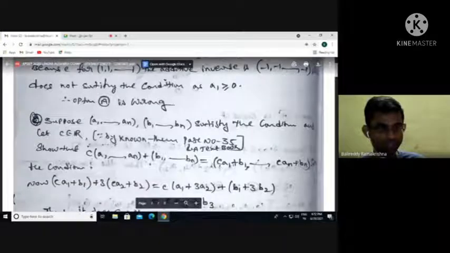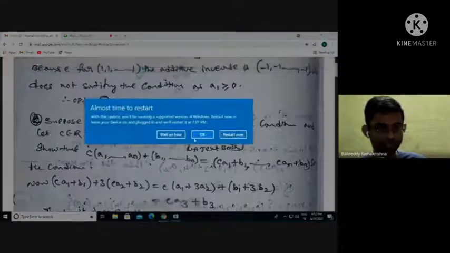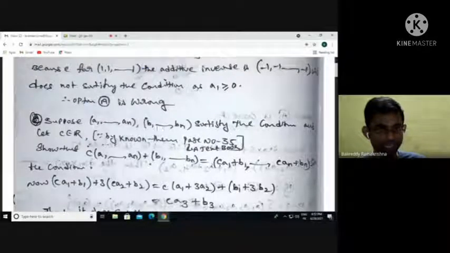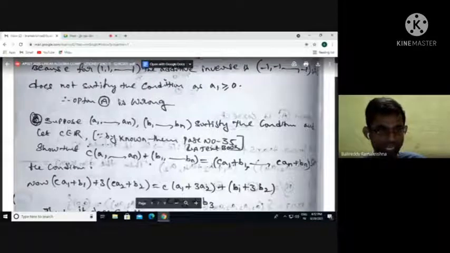Okay, so suppose we take two n tuples a1, a2, and so on an, and b1, b2, and so on bn, which satisfy the condition, and let c belong to R. Here c is a scalar.